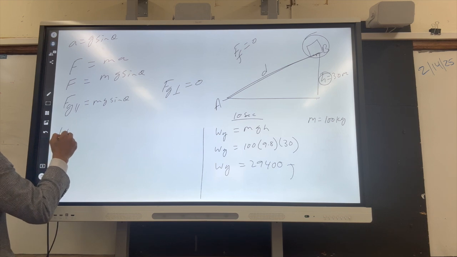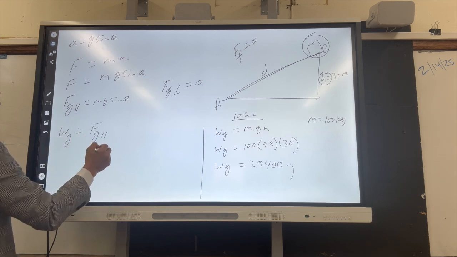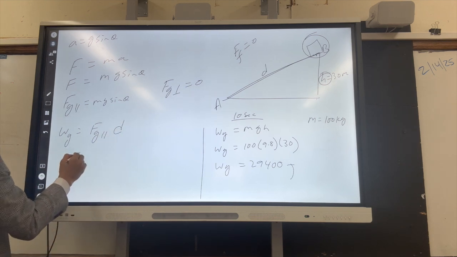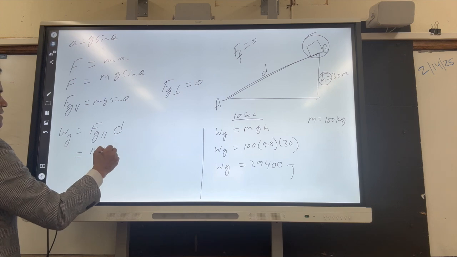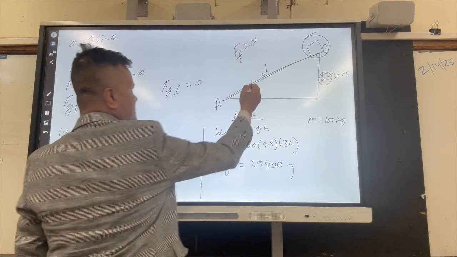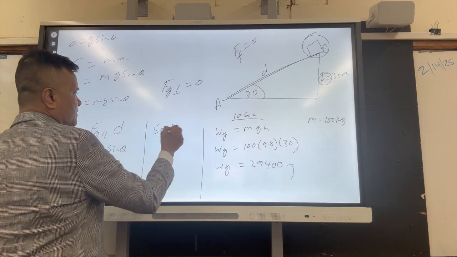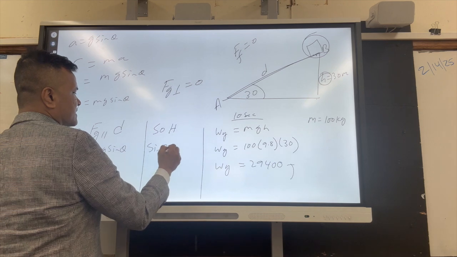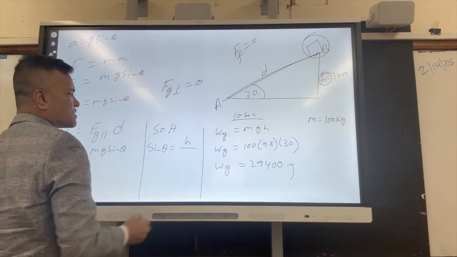So work done by gravity on the mass is F_g parallel times d. F_g parallel is how much? mg sine theta. And d is what? Sine theta is equal to opposite, which is h, over hypotenuse, which is d.